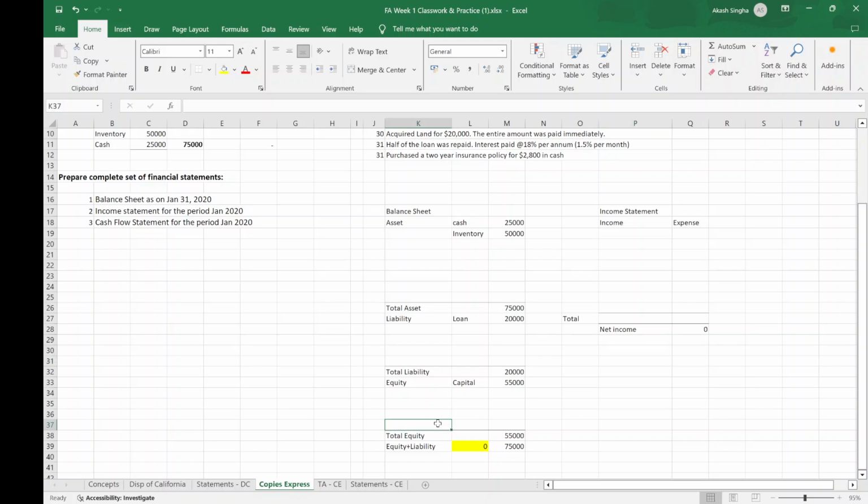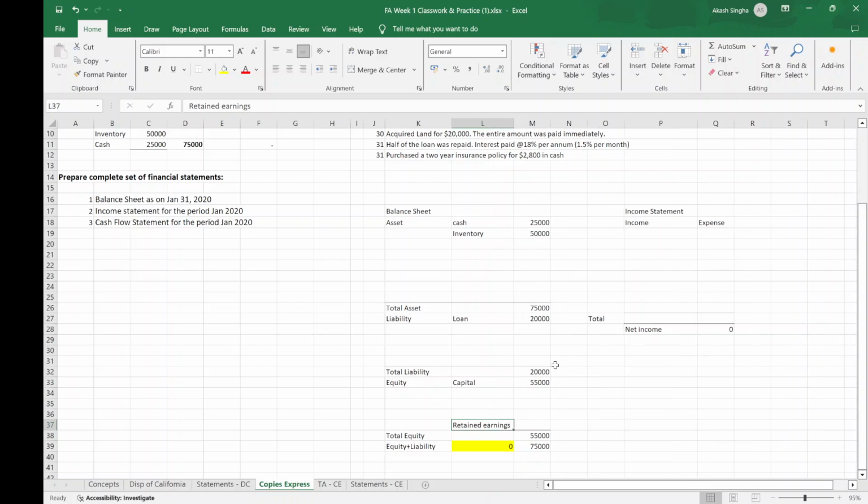And in equity, this would be net income.